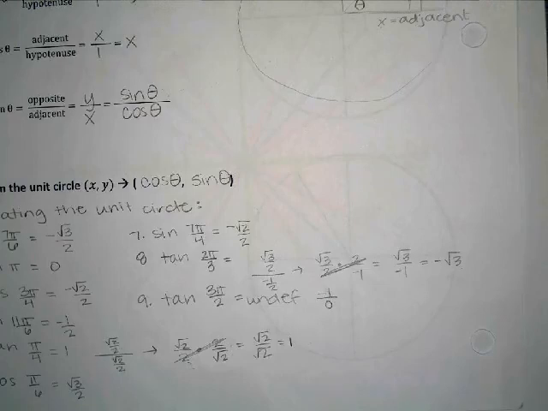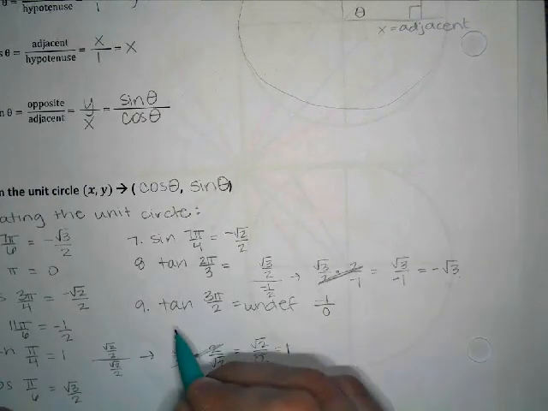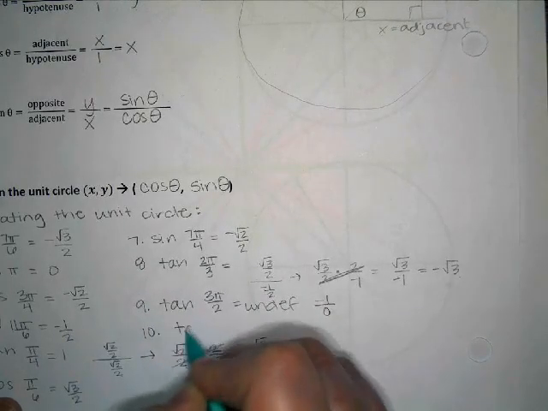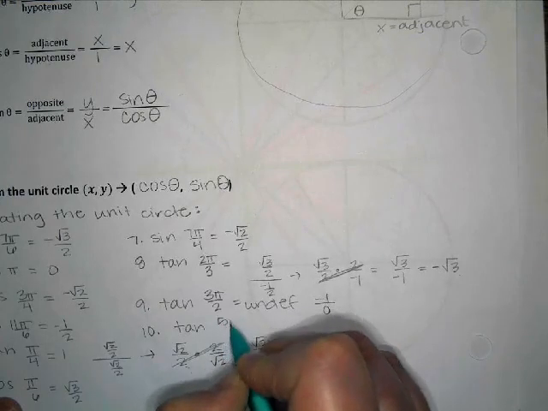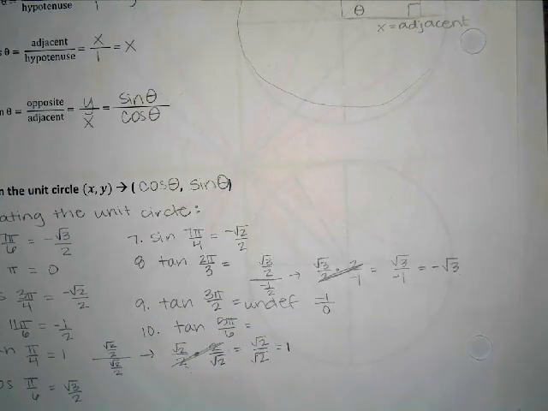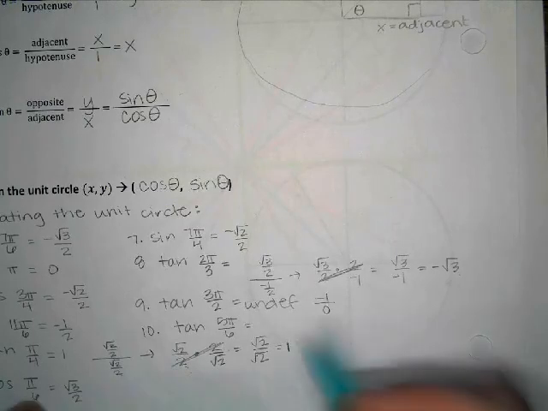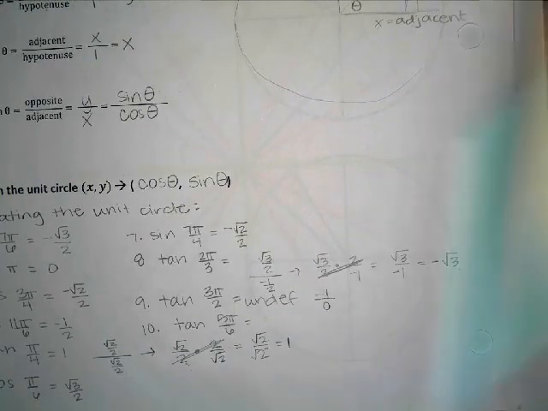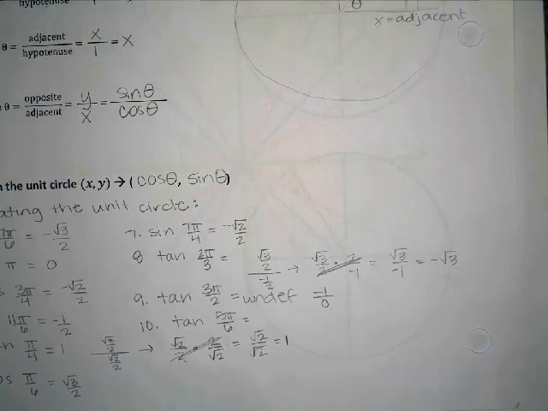Okay, we've got one last tangent answer to try. We're going to do tan of 5 pi over 6. No, it's a tangent, so it's not going to be a typical one. It's not going to be negative root 3. So here we have to think back to our Math 2 days. Tan of 5 pi over 6 is going to be the y divided by the x.